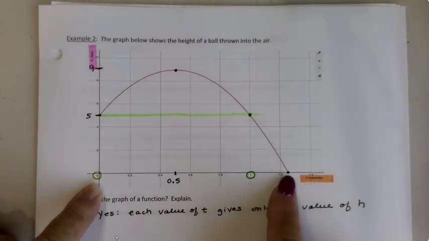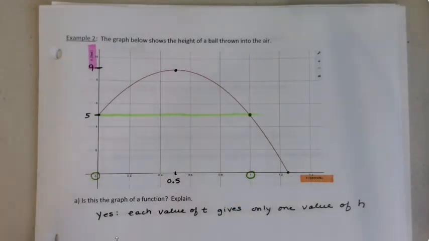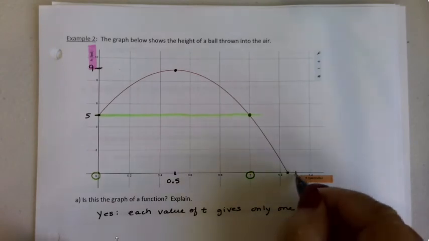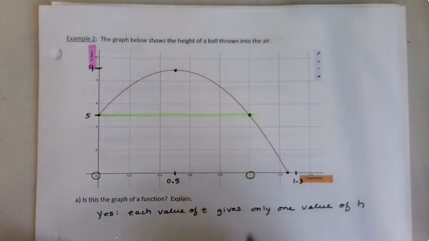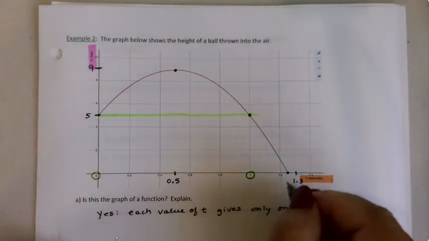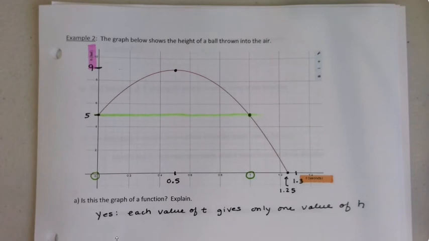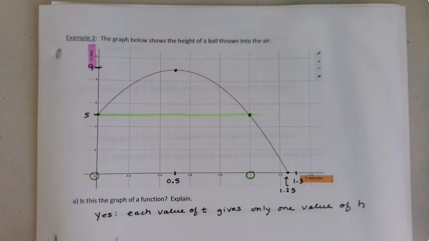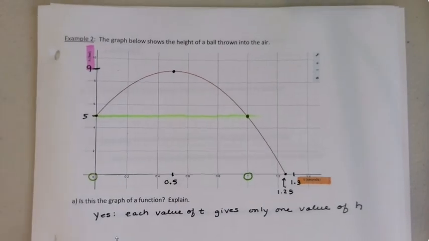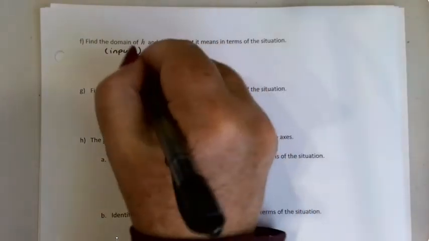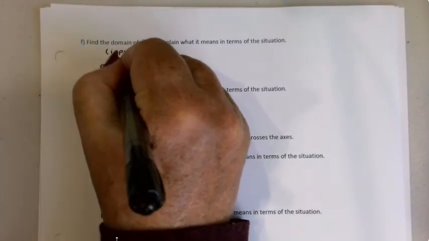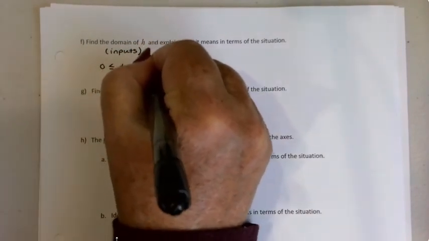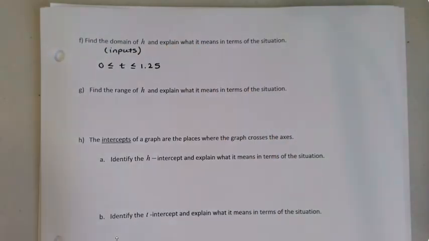And the largest time here on the graph is when the ball lands on the ground. And let's see, what have we got here? That would be 1.2, this would be 1.3, so that must be 1.25. So I'm going to say my times range from 0 to 1.25 seconds. That's my domain.